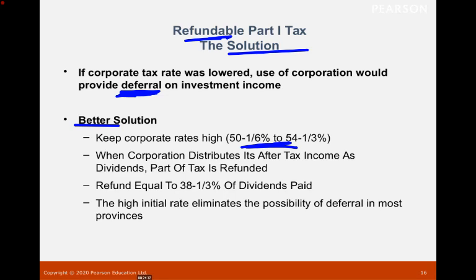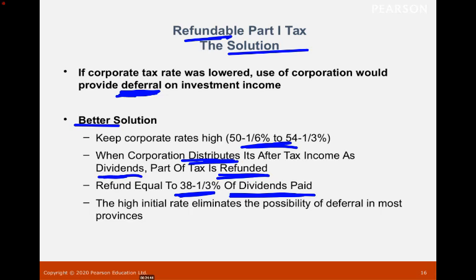So when the corporation distributes the income as dividends, that Part 1 additional tax is refunded. The refund is equal to 38 1/3 of the dividends paid. So that initial high rate eliminates the possibility of the deferral most of the time.